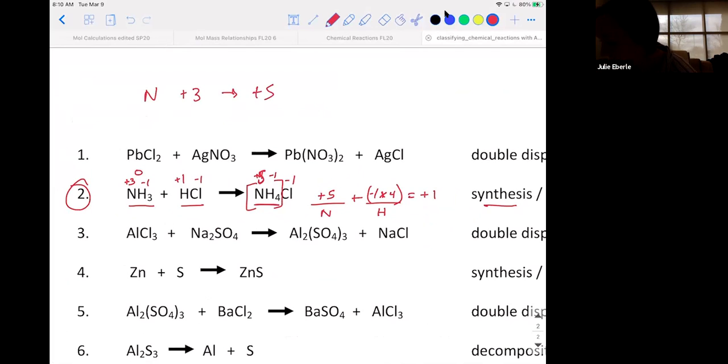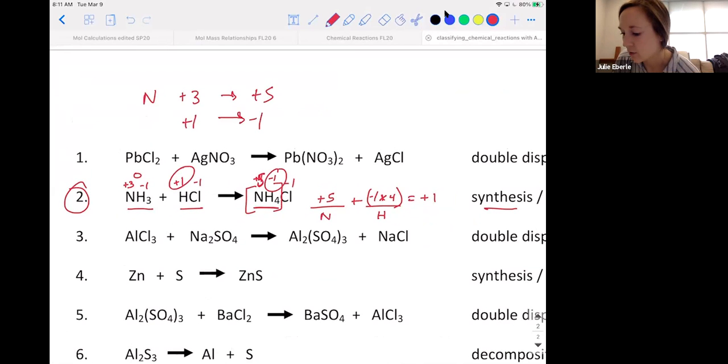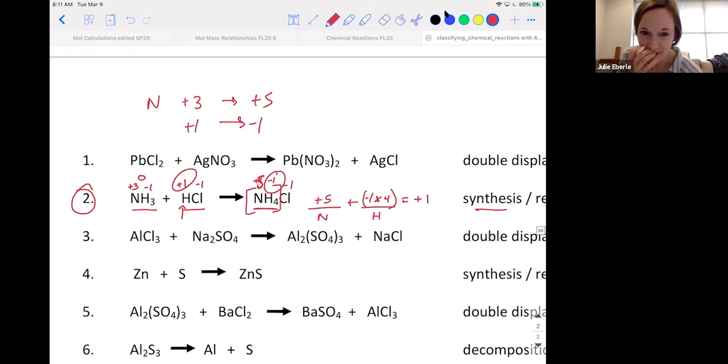And then we have hydrogen changing from a +1 to a -1, this one right here. All the hydrogens are -1, and then this hydrogen in the HCl is a +1. Okay, so you got nitrogens being oxidized, hydrogens being reduced. That one's really, really, really challenging and really confusing. So let's look at an easier one, but you can classify that both as synthesis and redox, okay?